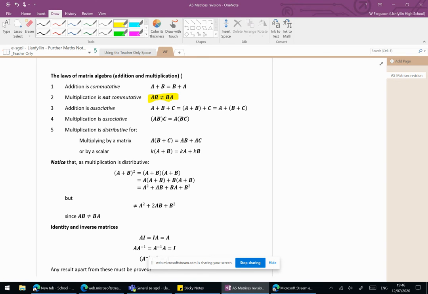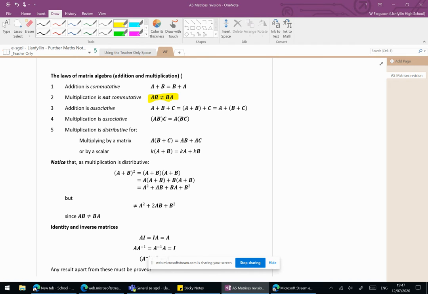Distributivity, the fifth law, is about expanding brackets, and that behaves exactly as the normal process of expanding brackets, either by a scalar or by another matrix, as long, again, as you remember the non-commutativity of multiplication. So A times brackets B plus C close brackets can be equally well calculated by doing A times B and then adding A times C, but you must keep the order the same.